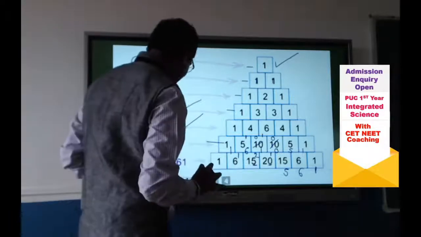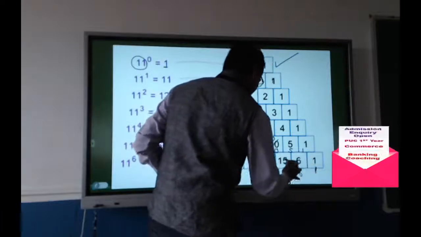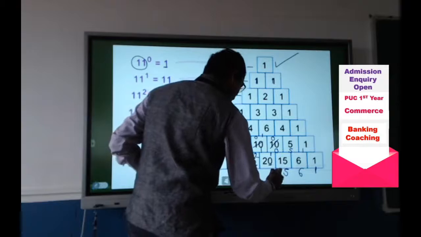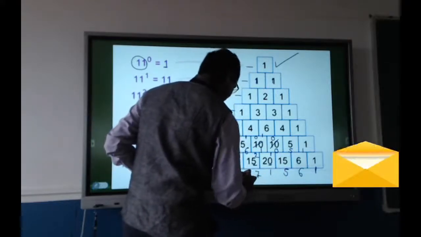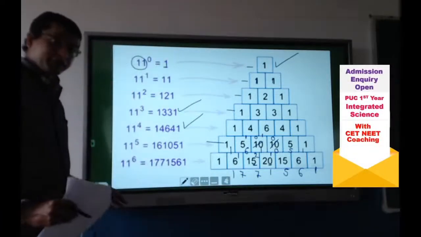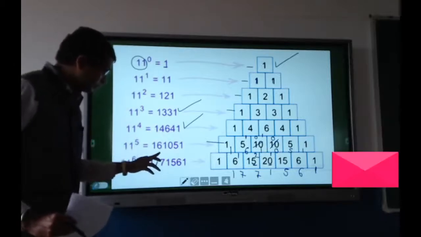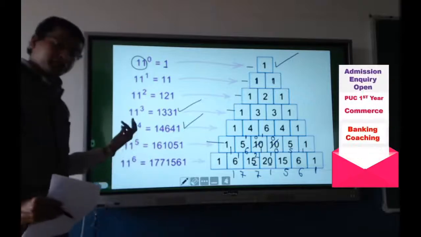So we get 1 6 5, next we get a 1, next 7 7 1. So this is the expansion of 11 raised to 6: 1 7 7 1 5 6 1. So this is 11 raised to 6.